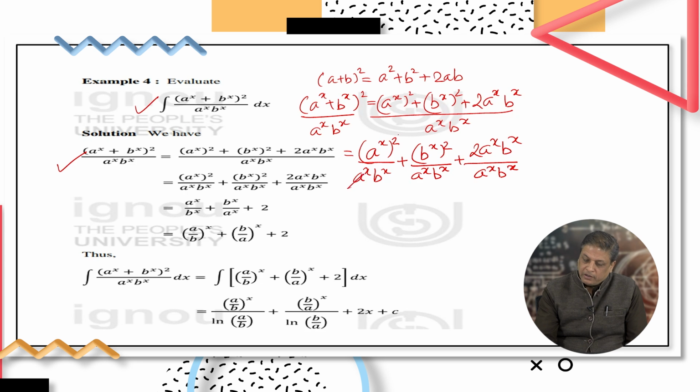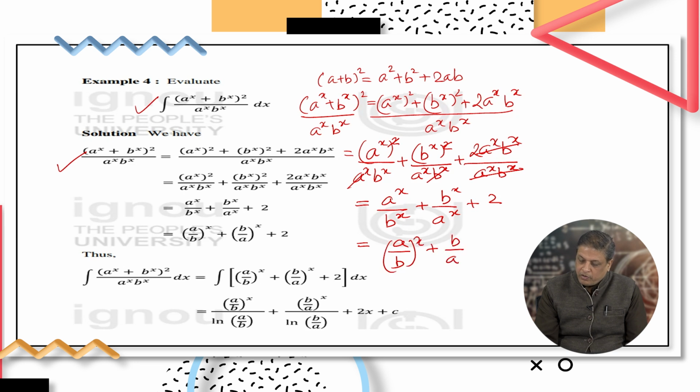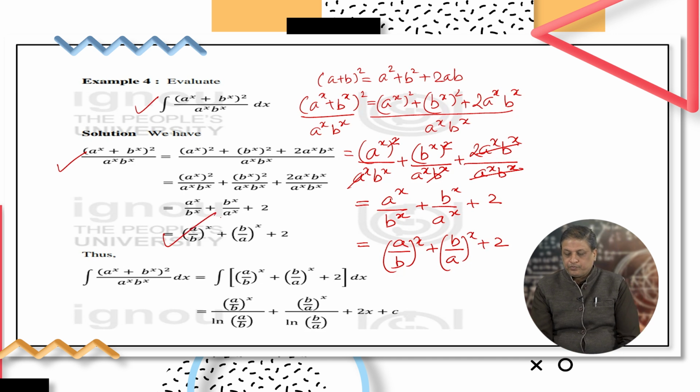Simplifying, you will find that this will cancel out, this will cancel out, and these two will cancel out, and you will get the expression a^x upon b^x plus b^x upon a^x plus 2, which can always be rewritten as (a/b)^x plus (b/a)^x plus 2, and which is this expression.